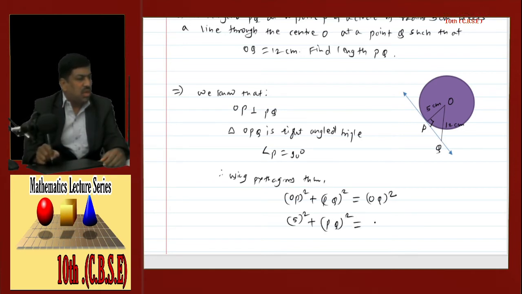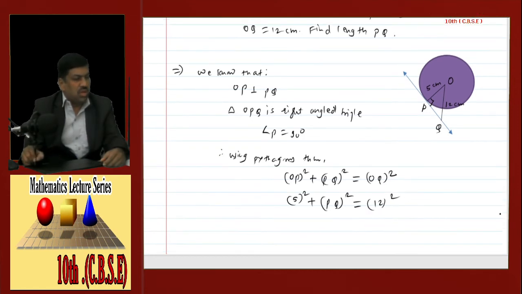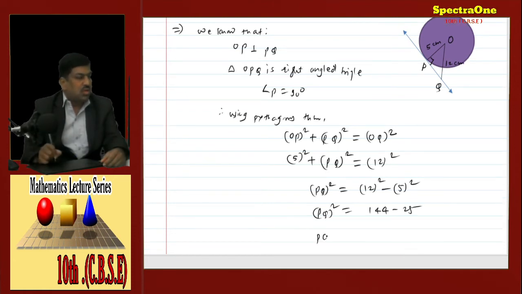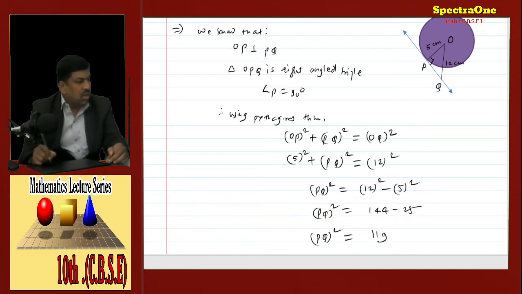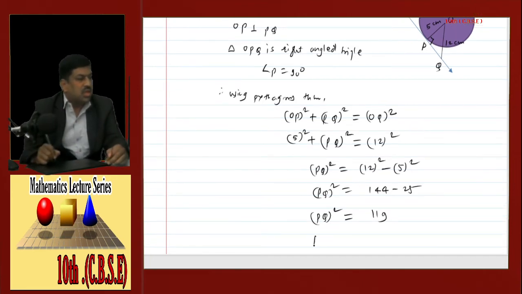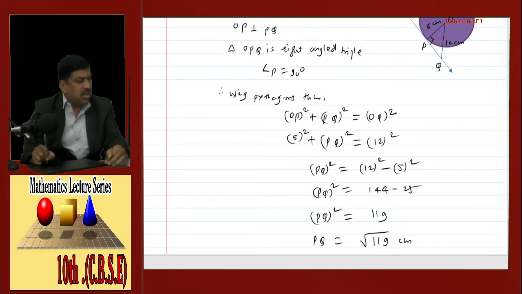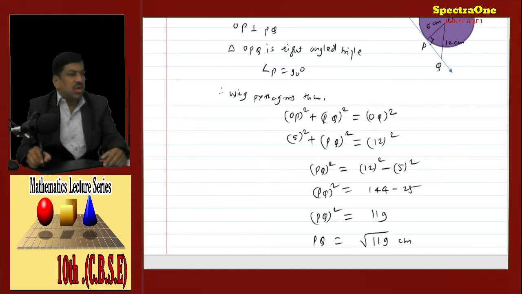So PQ square is equal to 12 square minus 5 square, that is 144 minus 25, so PQ square is equal to 119. If you take the square root, PQ is equal to root 119 centimeter. Why do we get root? Because it is PQ square.